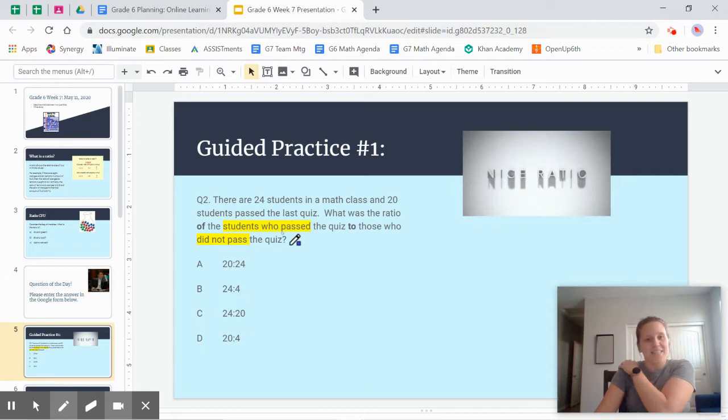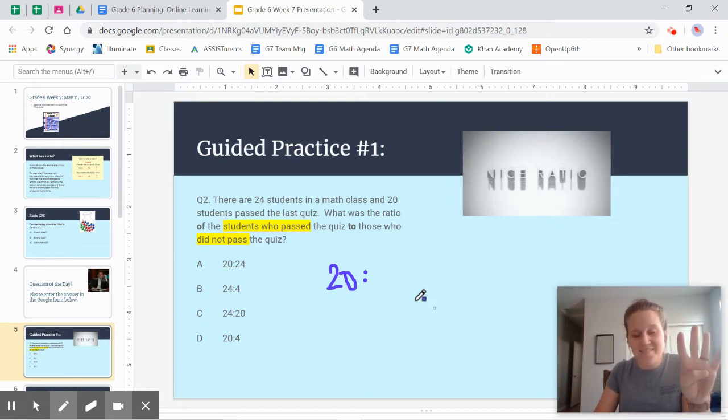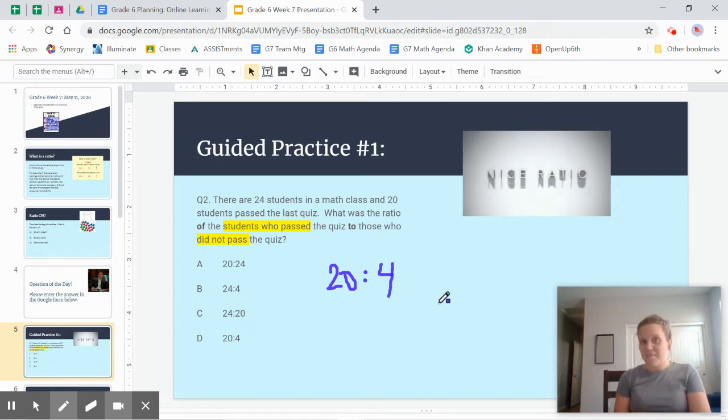How many students passed the quiz? Yes, 20 passed. How many students did not pass the quiz? Did you say 4? 4 students did not pass the quiz. A common mistake is to put 24 here because 24 is a number given in the question.